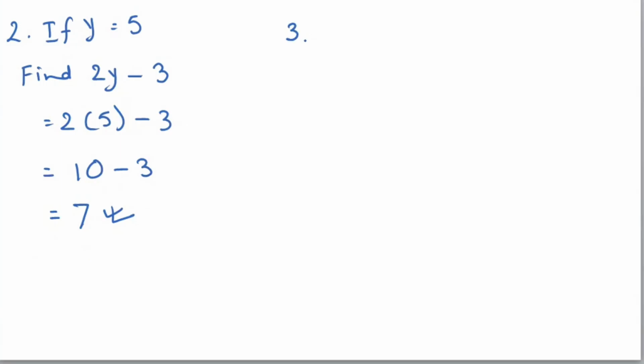Let's take another one. It says if x equal 3, then you have to find 4x plus 1. You have to solve this expression. So how will we do it? Step number 1, we first replace x with 3.